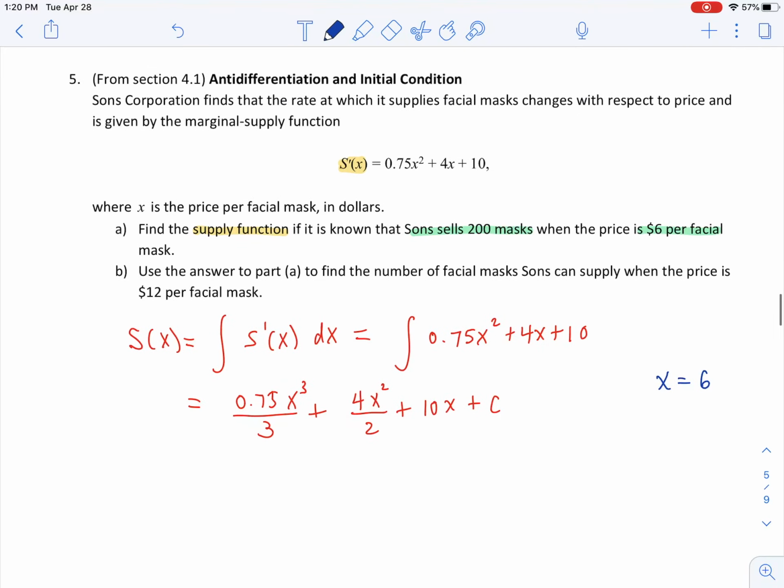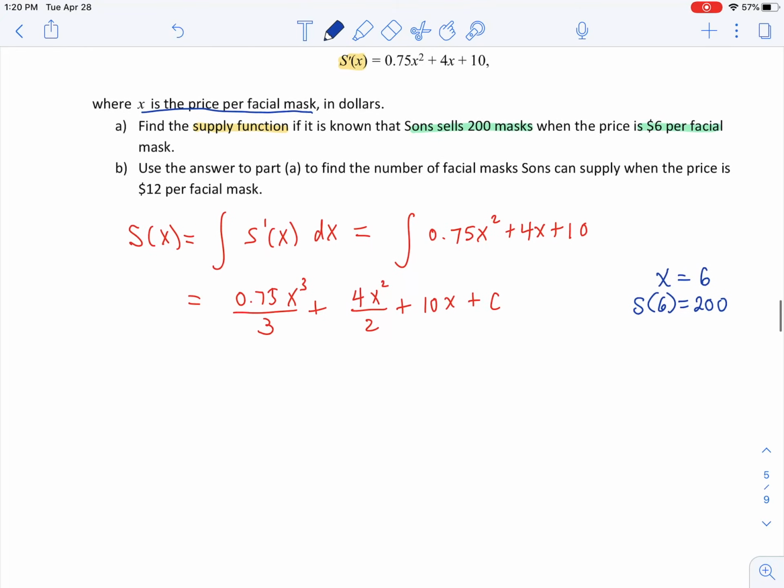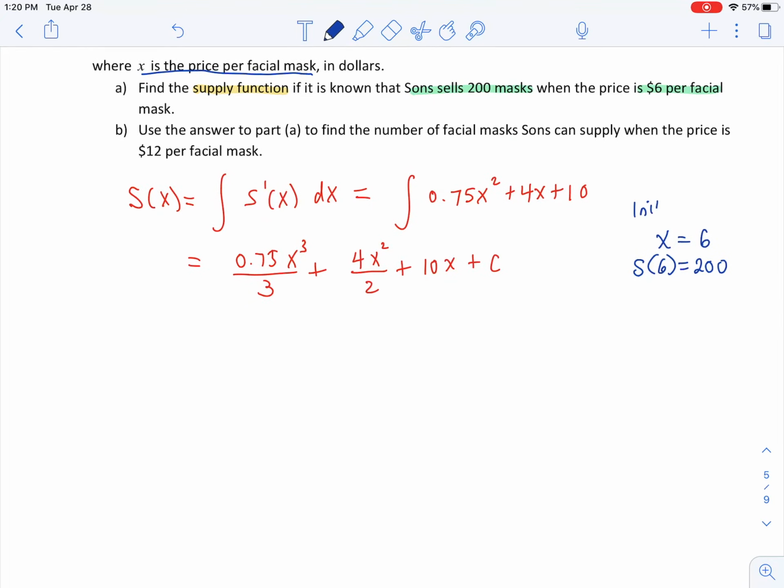So let me say that when x is equal to 6, because x stands for the price per facial mask, then S of 6 was 200. If the mask were $6, they were able to supply or sell 200 facial masks. So I'm going to use that initial condition and find what C is.